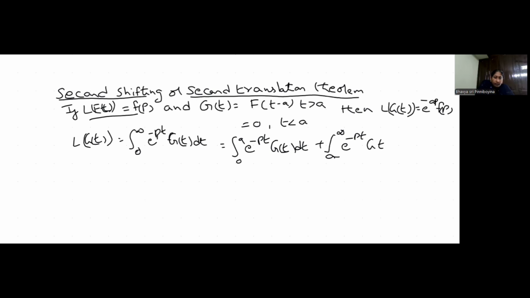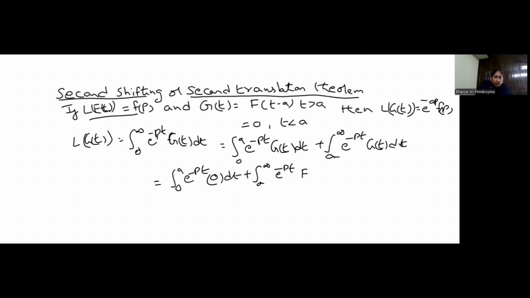For 0 to a, g of t is 0, so that integral is e power minus pt into 0 dt, plus a to infinity e power minus pt into f of t minus a dt.